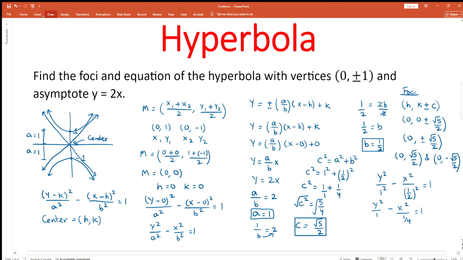Y square over 1 is just y square, x square over 1 over 4 can be simplified to 4x square. We flip the bottom fraction 1 over 4 to 4 over 1 and multiply it to x square. So we get 4x square over 1 or just 4x square. This should be the final answer for the equation of this hyperbola.